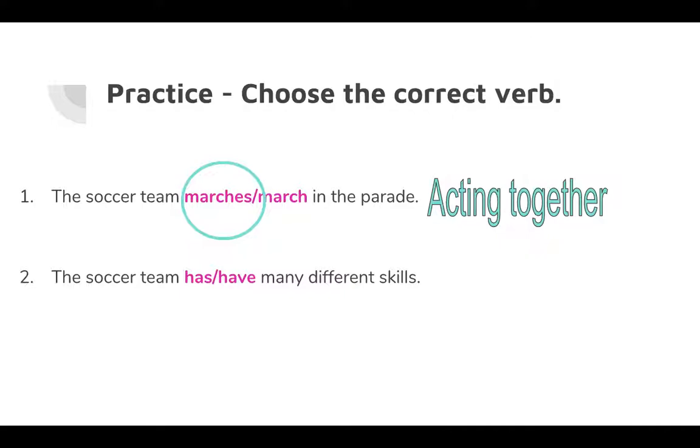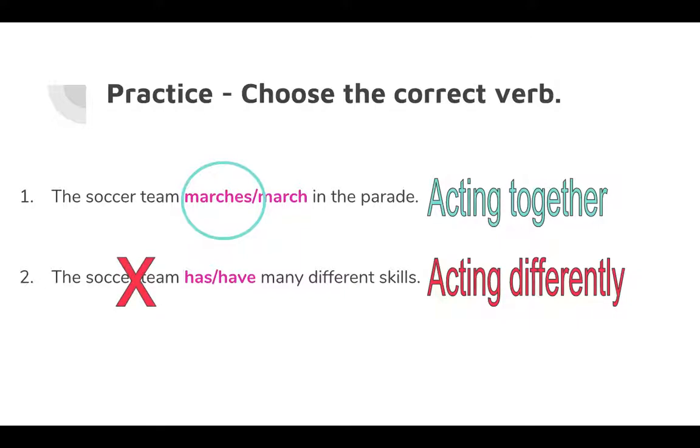Okay, now let's look at the second one. We have this same collective noun, the soccer team. But in this sentence, the soccer team has or have many different skills. The word different here shows that the members of the group are acting separately, so they're acting differently. If I know that they're acting separate from each other, then I'm going to take out the word soccer team and give it a plural word, such as they.